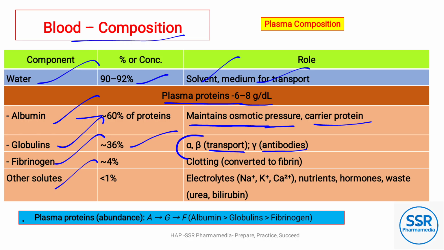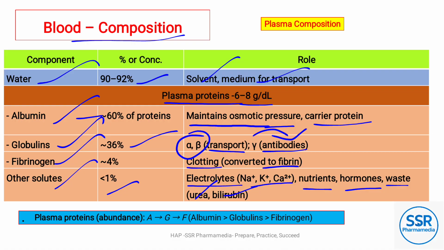Alpha and beta act as transporters, and gamma acts as antibodies. Fibrinogen is involved in clotting; it is converted to fibrin for clotting. Other solutes make up about 1%, like electrolytes such as sodium, potassium and calcium, and other nutrients, hormones and waste materials such as urea and bilirubin.